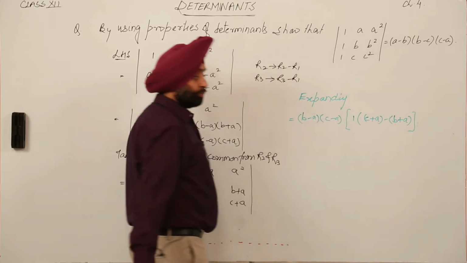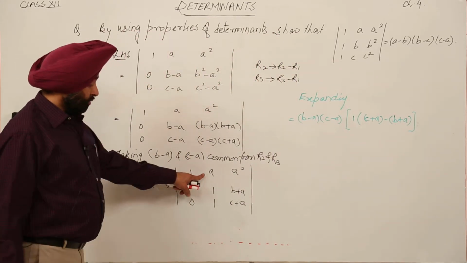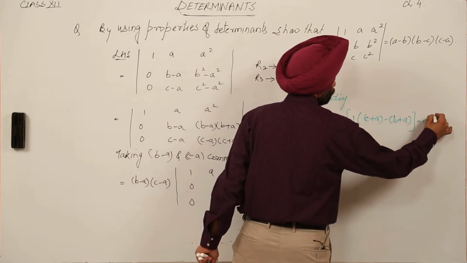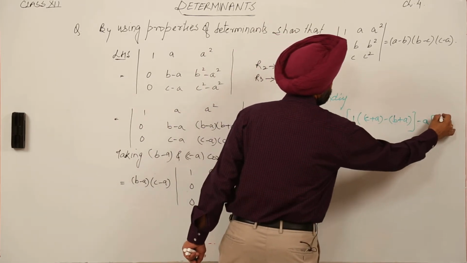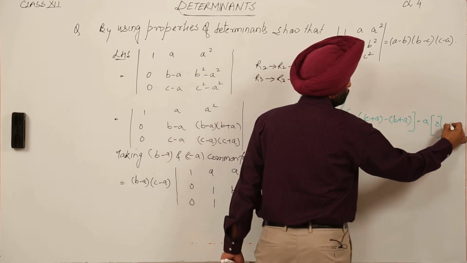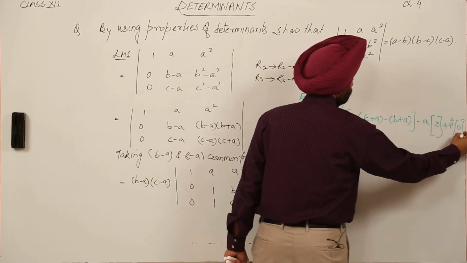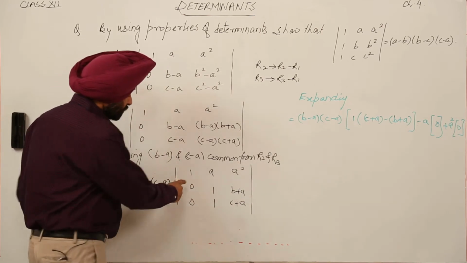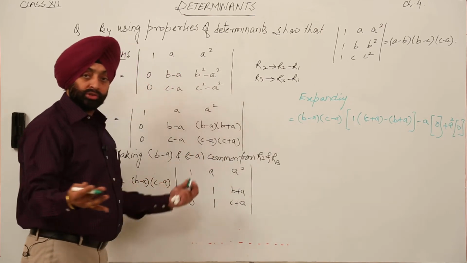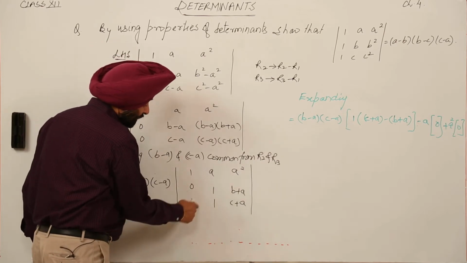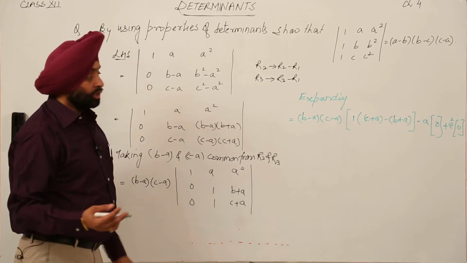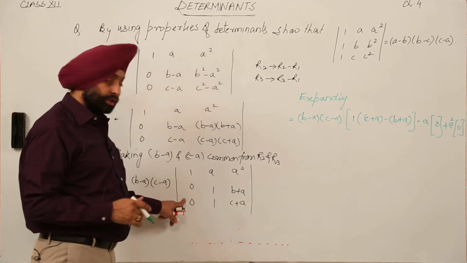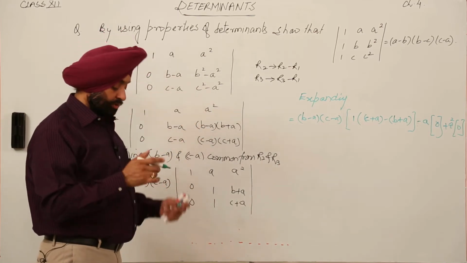And the rest part will be 0. Now a minus a with 0, plus a square again with 0. Why is it 0? Because when you are taking minus a, 0 with this and 0 with this, both 0. Then a square, 0 with 1 and 0 with 1 again is 0. So need not go for the further two steps, because when we are getting two zeros here, only the first part will be solved.